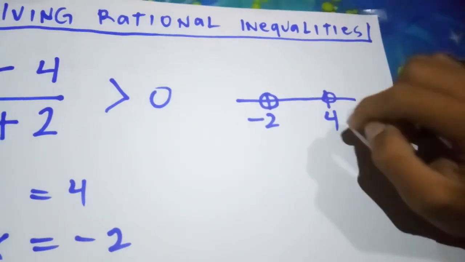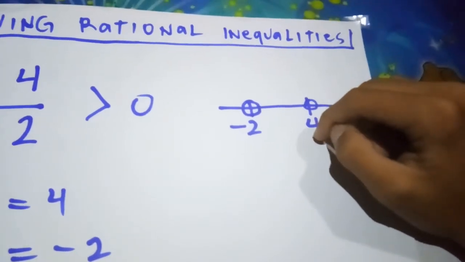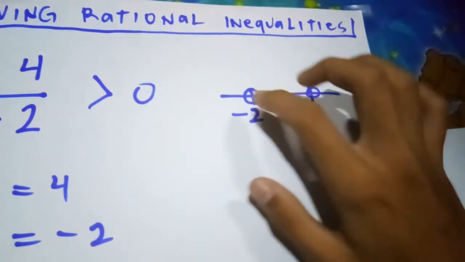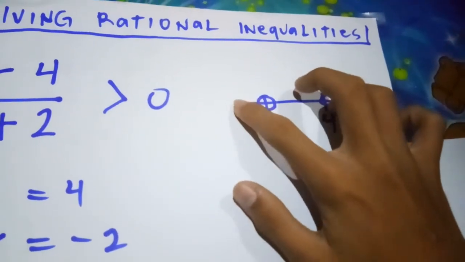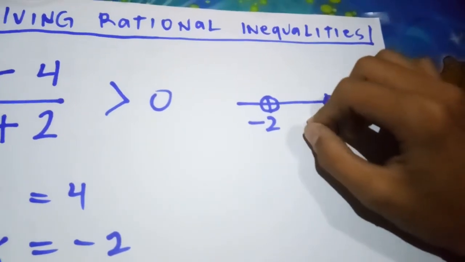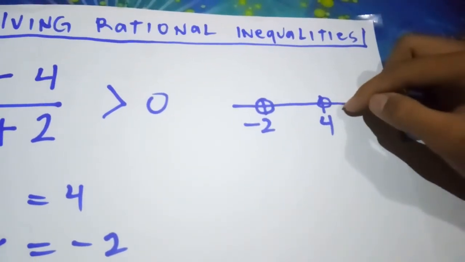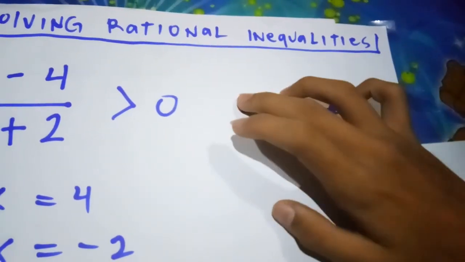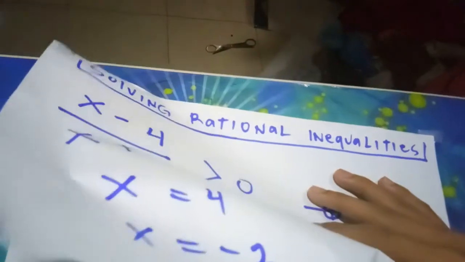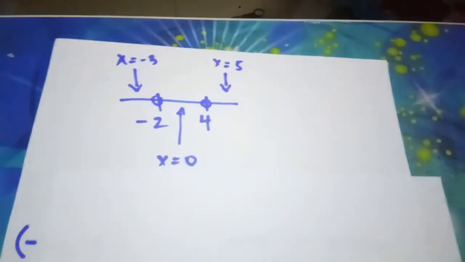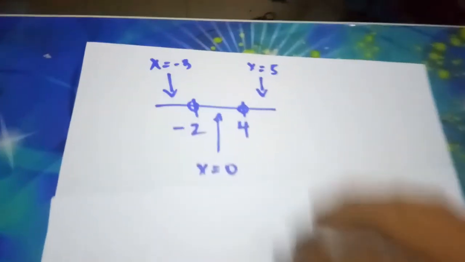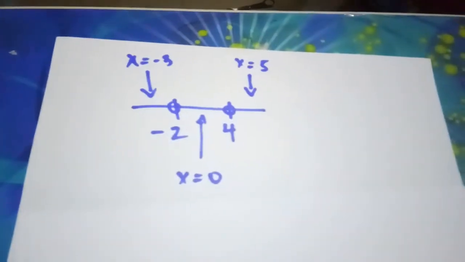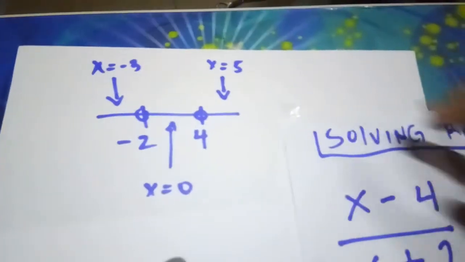Next, I need to know which parts are shaded. So I need to put a test number in each region.